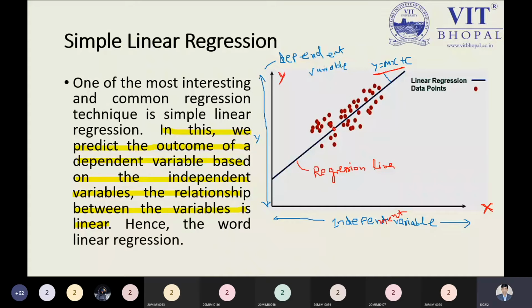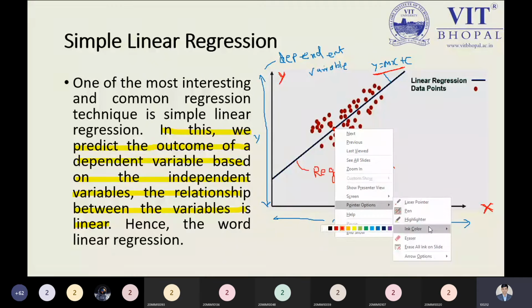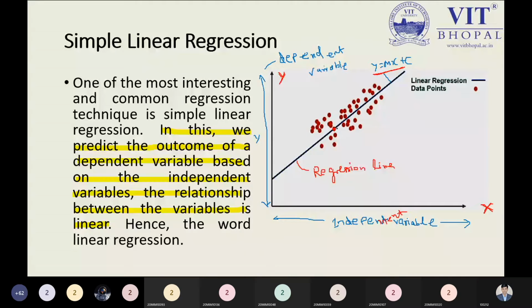Let me draw in a different color so this will be perfectly visible. This is the point, which is just plotted on the line. So this is known as the best fit data point.